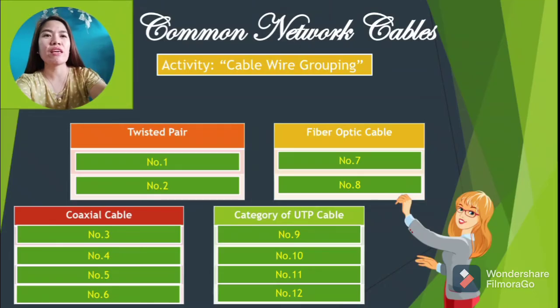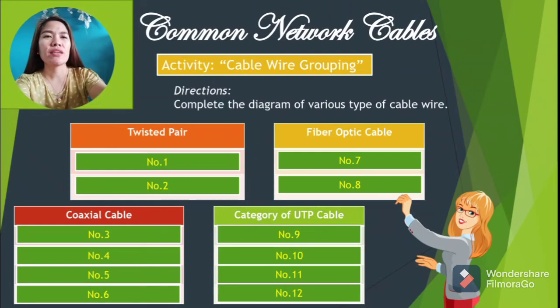Okay, activity: cable wire grouping. Directions: complete the diagram of various types of cable wire. So first is twisted pair. Number 1. I'll give you 5 seconds to answer the given activity.